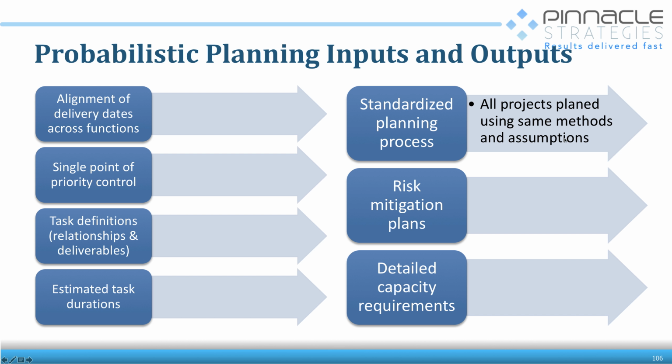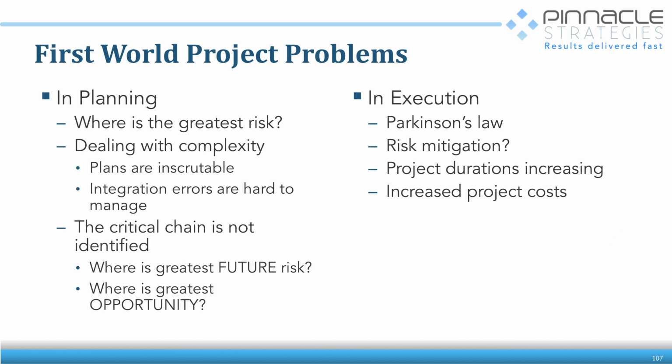All projects get planned using the same methods. We're establishing risk mitigation plans. We're executing risk mitigation plans, right? We are doing capacity management at a much more granular level. And maybe that is across geographic boundaries or whatever you decide, right?